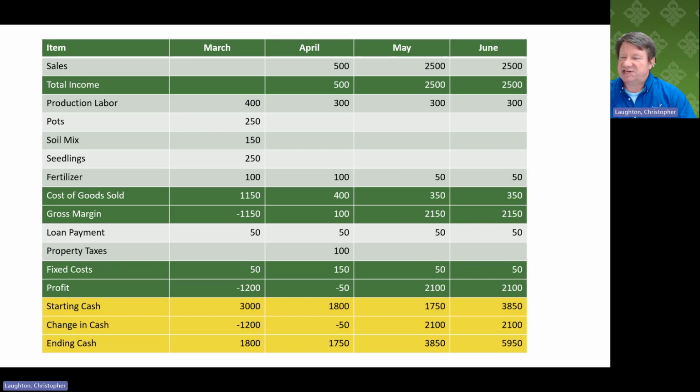But the cash flow statement is really where you look at the money, the cash coming in and going out, and is extremely important for the short-term financial solvency of your business and making sure that you don't run out of money, essentially, in any given month. So it's one of the most useful financial statements from a management perspective.